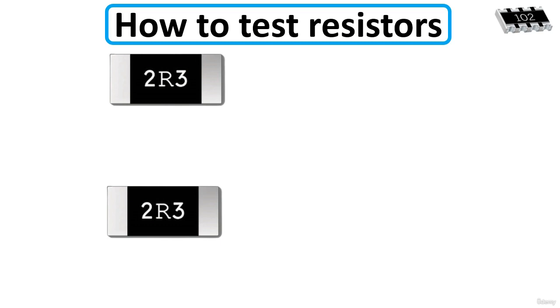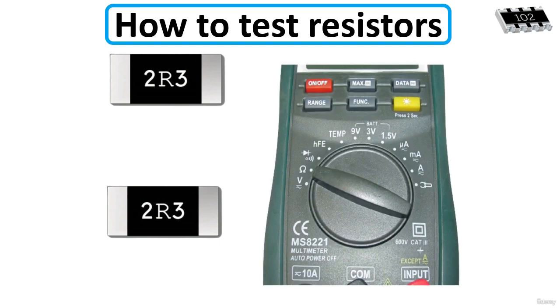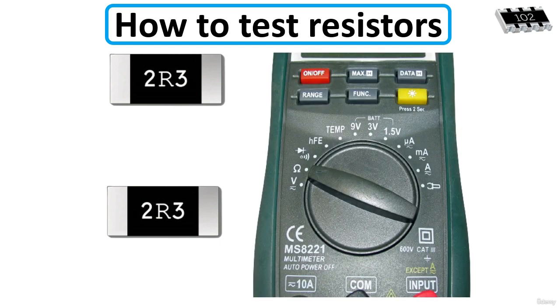Right now I'm going to teach you how to test SMD resistors using the multimeter. Before diving into the practical, I want to add that to measure or test resistors, you can use the probes of the multimeter on both sides.